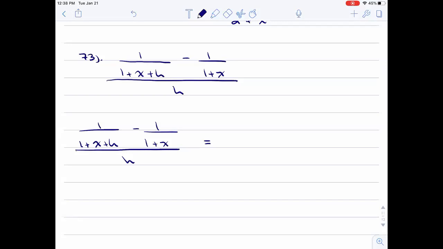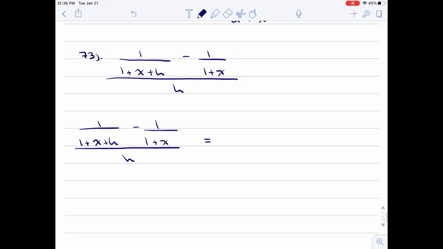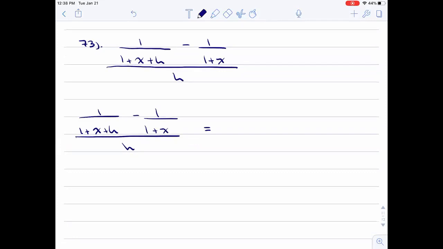But for me, like I said, regardless of what's going on down here, I just blindly take this and turn it into 1, right? So rewrite it as (1 plus x) over (1 plus x), multiply it over here, and take this guy and do the same thing. So it's going to look like this by the time I'm done with it. 1 over 1 plus x plus h. The new thing here is times (1 plus x) over (1 plus x).